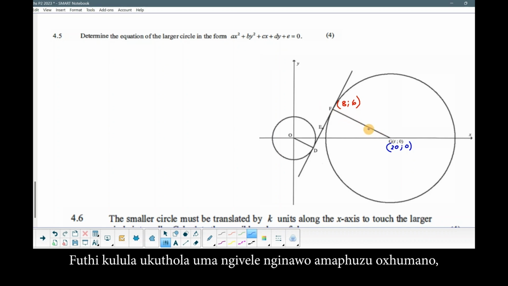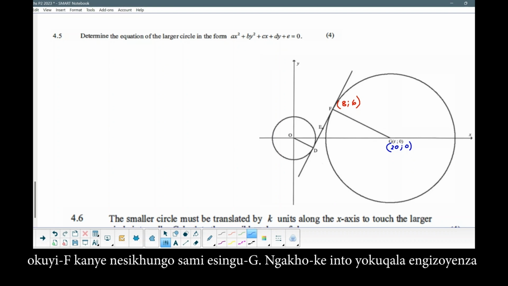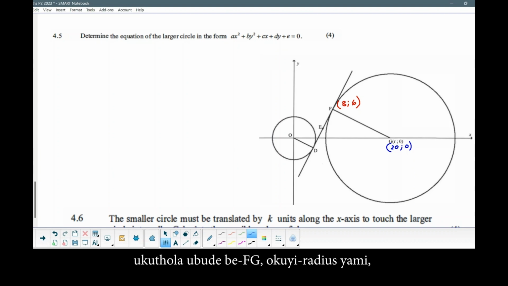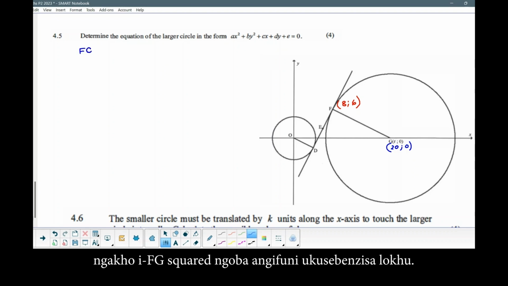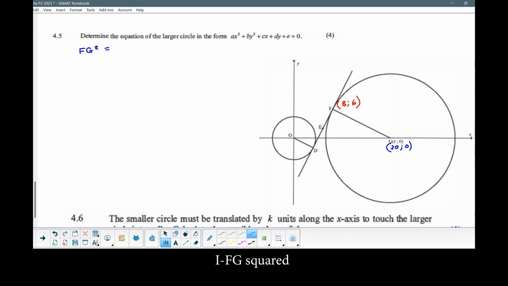And that's quite simple to find if I already have the point of contact, which is F, and my center, which is G. So the first thing I am going to do is to work out the length of FG, which is my radius. So FG squared, because I don't want to use the root, FG squared is equal to 20 minus 8 squared plus 0 minus 6 squared.